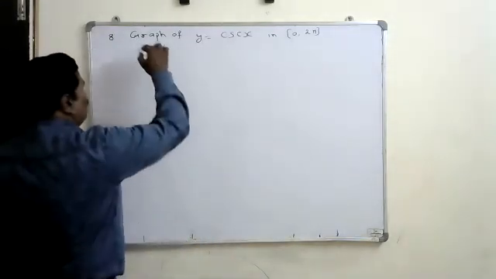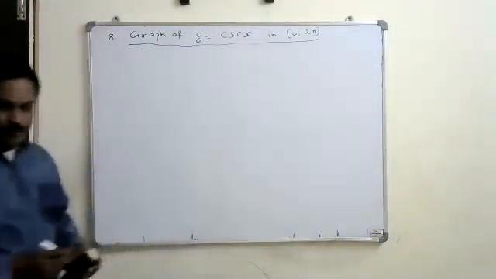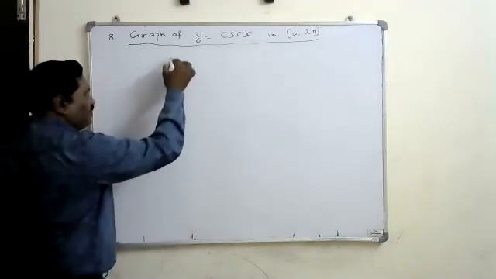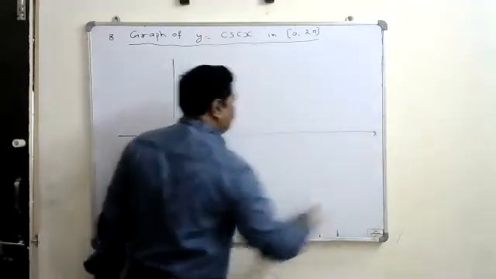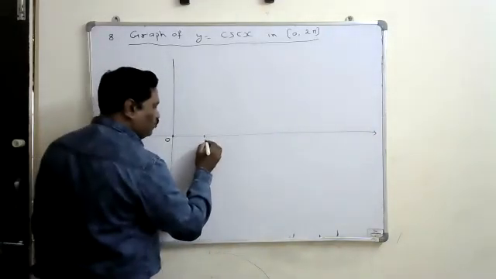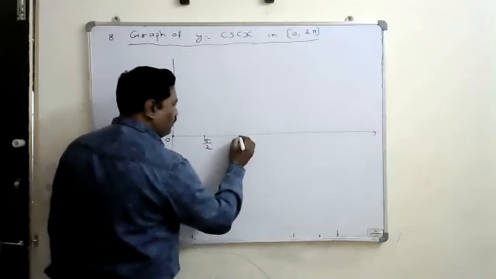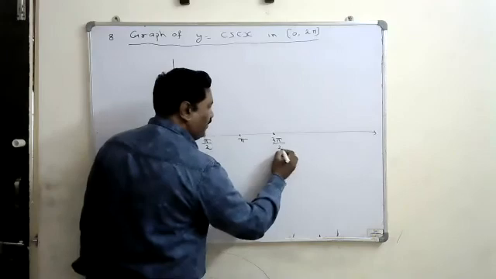Look at this. Graph of y is equal to cosecant x in between 0 to the 2 pi. Means here also take the same scale. X and y axis. Start with 0, pi by 2, pi, 3 pi by 2, and 2 pi.